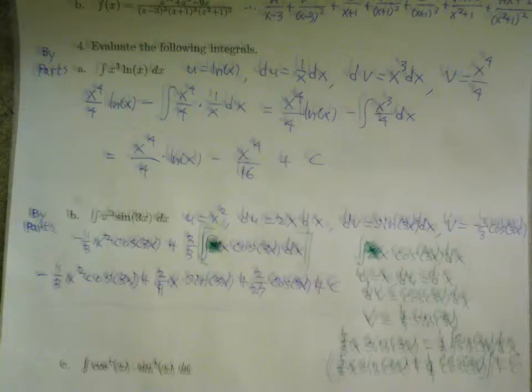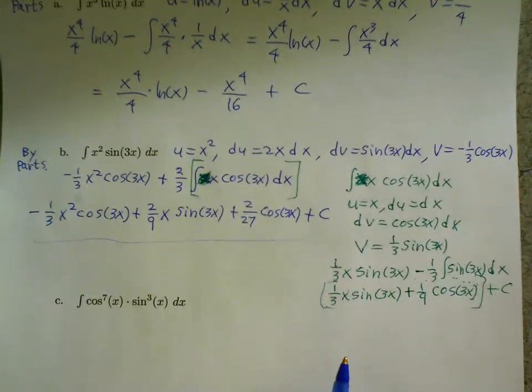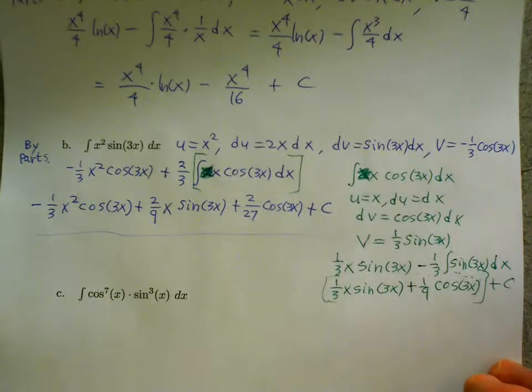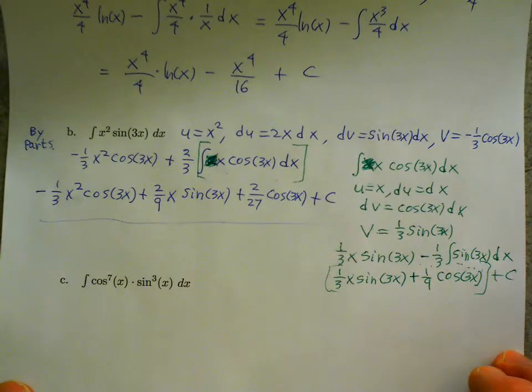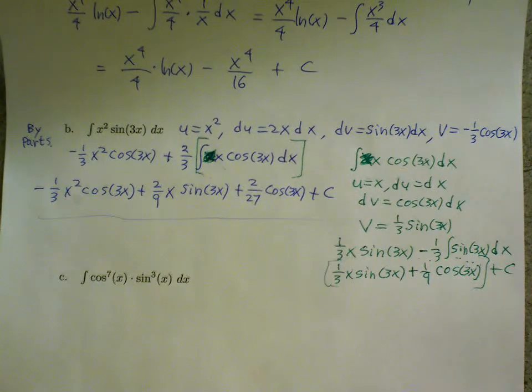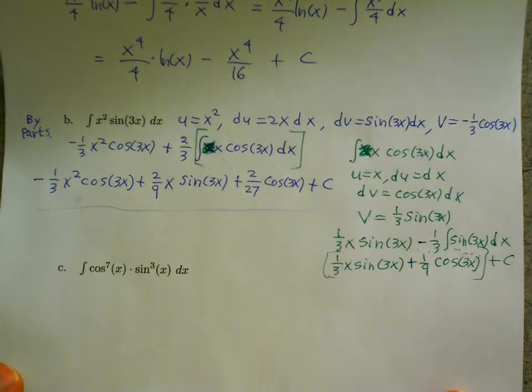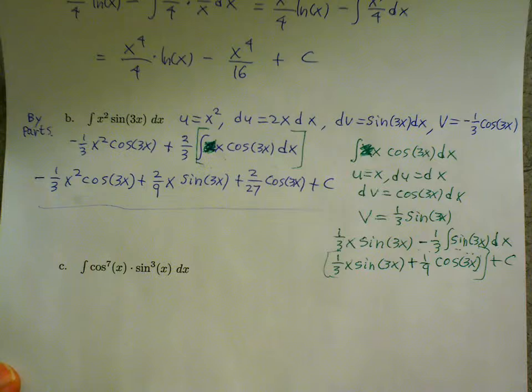Okay, the next one, part C. The indefinite integral of cosine of x to the 7th times sine of x to the 3rd dx. So on this one, well, there's a couple of options, but one might be simpler than the other.